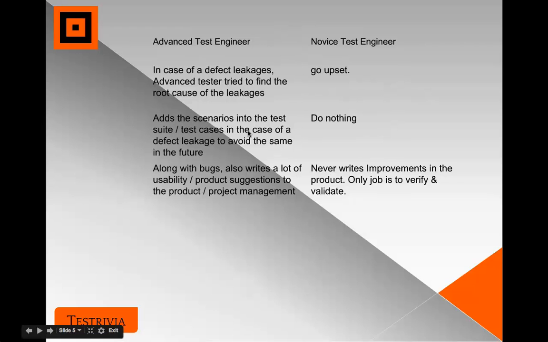In case of a defect leakage, this is really important. An advanced tester tries to find the root cause of the leakage and tries to include that scenario into the test suite. And an advanced tester never goes upset, because an advanced tester knows that not everything can be covered. 95% of the defects is what you are going to cover in test execution.